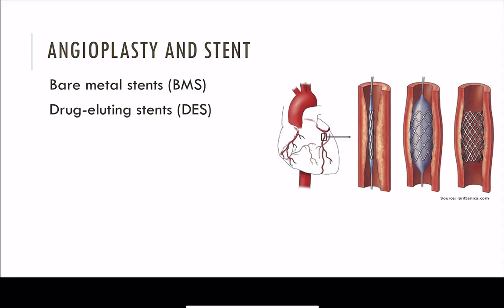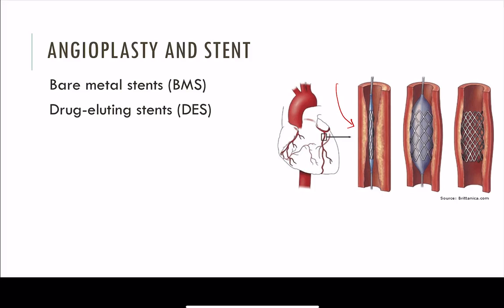Angioplasty and stenting, though, is incredibly common. Of all the angioplasties done, about 90% of them include stenting. When somebody gets a stent placed, it can be either a bare metal stent or a drug-eluting stent. So, as a reminder, an angioplasty is a balloon-tipped catheter that's inserted at the site of occlusion.